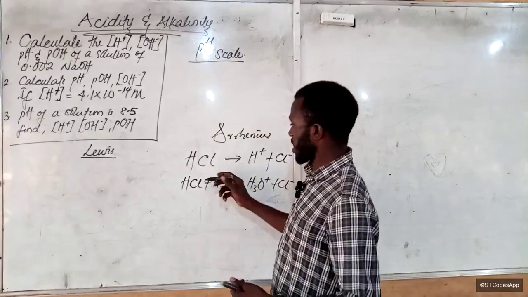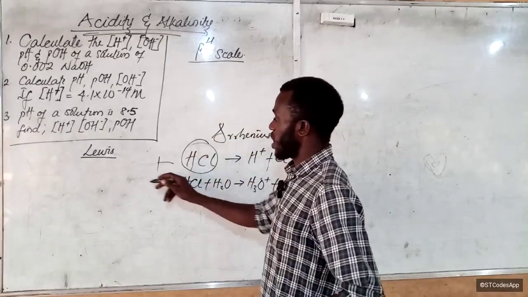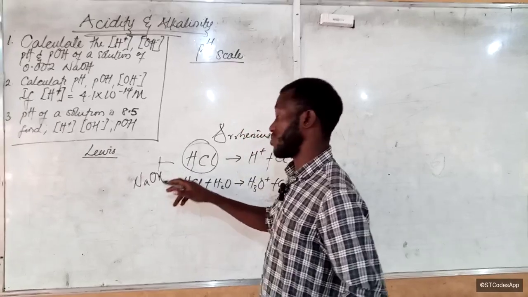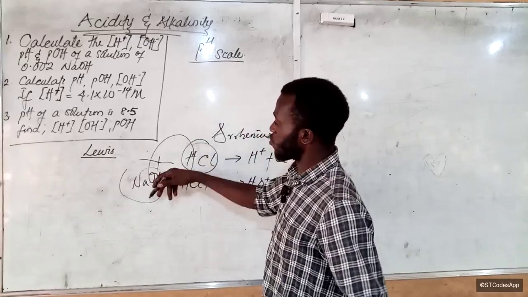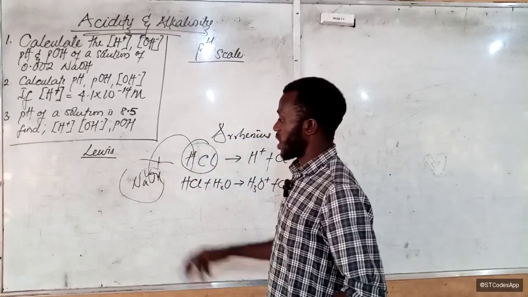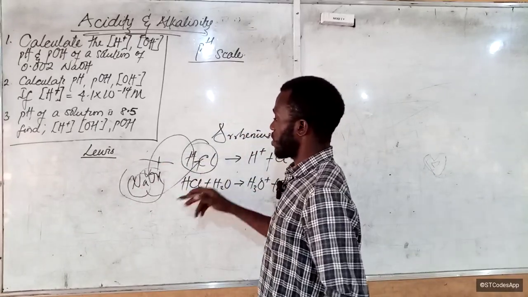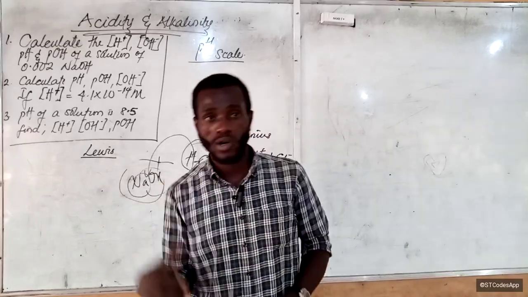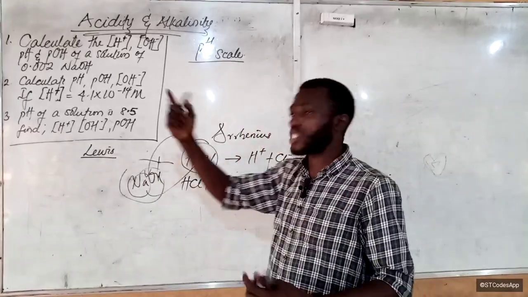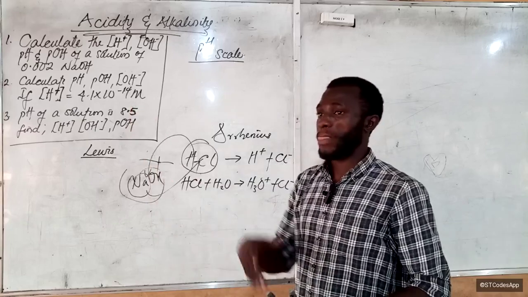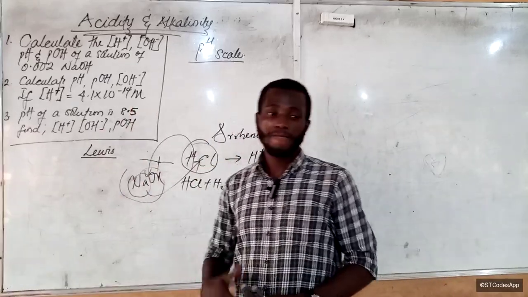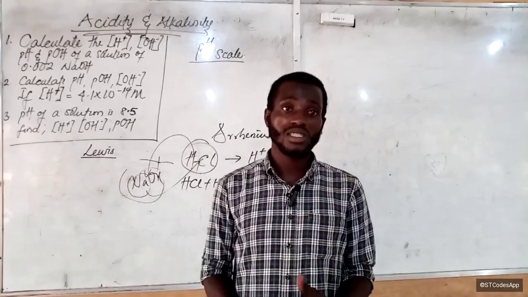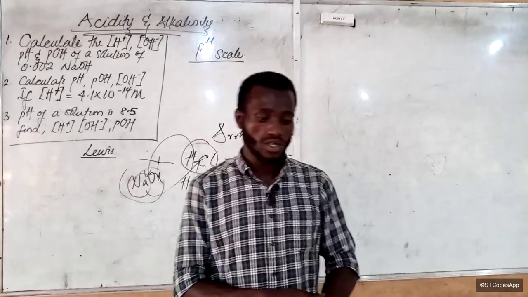So if it reacts with a metal, for example, it is going to donate this proton, and the metal will react with the other component. So this guy donates a proton. It protonates other compounds or other atoms. So that is the Bronsted-Lowry definition of an acid.